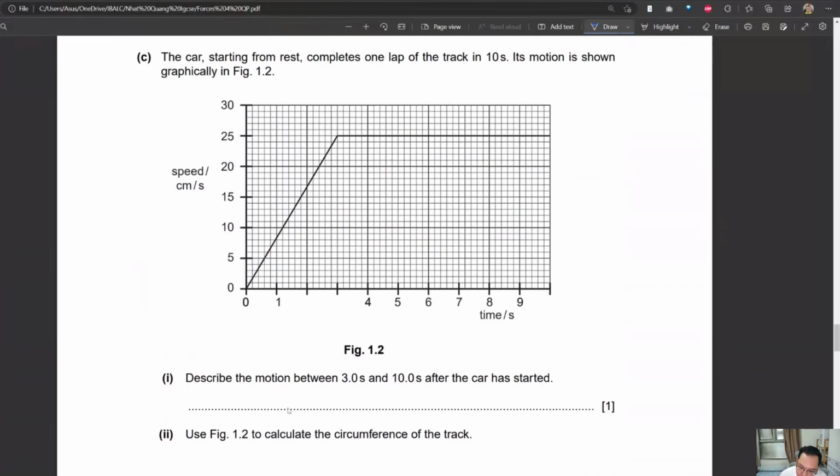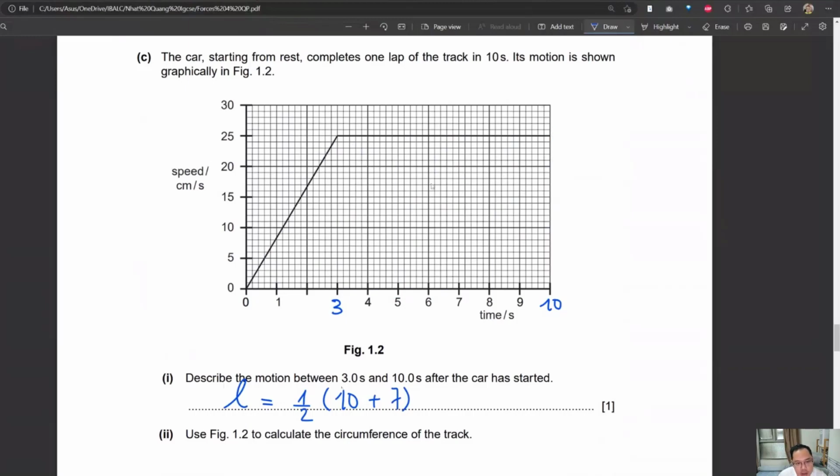We need to calculate the area of this trapezoid. The length of the track is 1/2 of the big base, which is 10 seconds, added to the small base, which is 7 seconds, from 3 seconds to 10 seconds, multiplied by the height of the trapezoid.